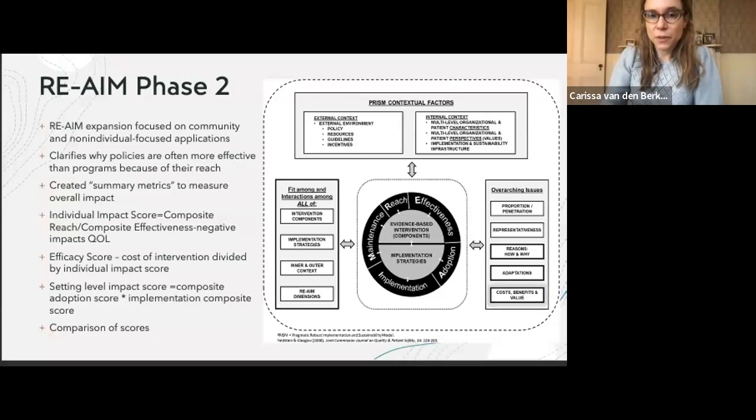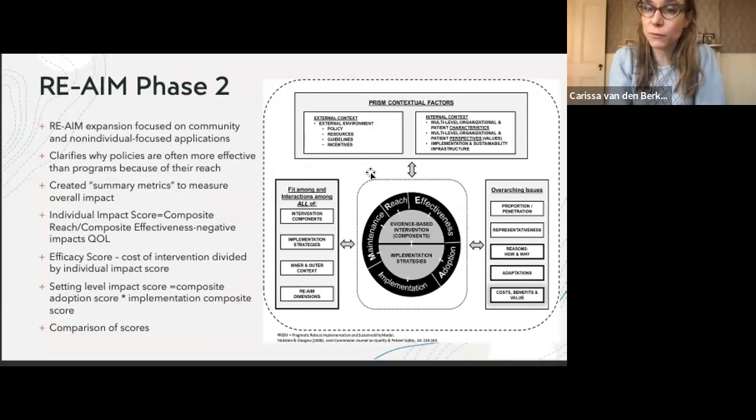So there are the RE-AIM guidelines, but there's also this phase 2, which also hits a lot of times these core power elements. The expansion and focus on community and non-individual focused applicants. Why policies are more effective than programs because of their reach.